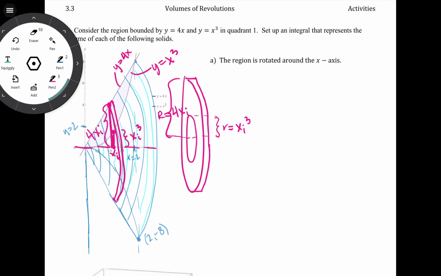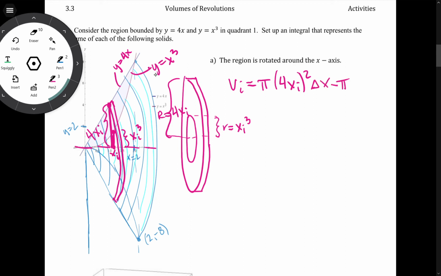So to figure out the volume of this whole thing, the volume of my one slice is going to be pi times the outer radius squared times height, delta x, minus pi times the inner radius squared times my height.